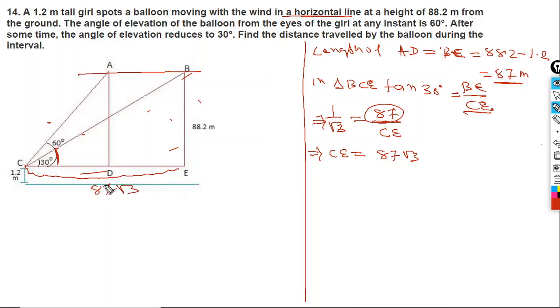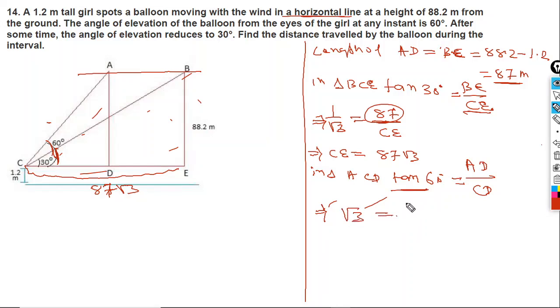Now again we will move to this 60 degree angle, that is in triangle ACD. In triangle ACD, tan 60 will be equal to AD by CD. Tan 60 is root 3. Root 3 equals AD length, which we know is 87, divided by CD.